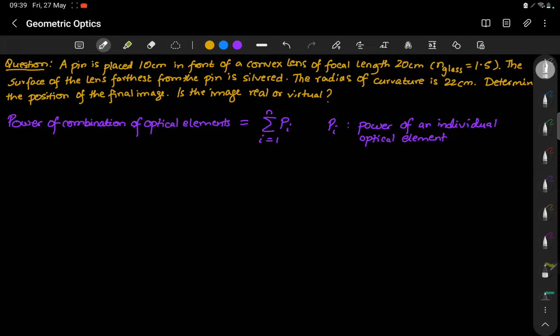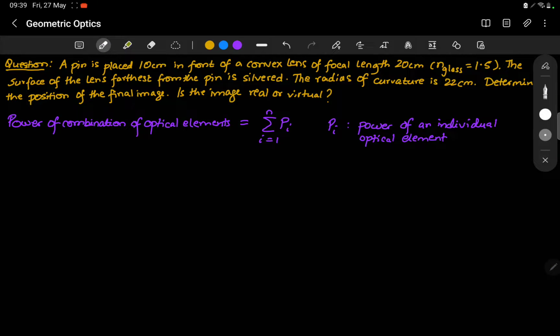So let us now draw the diagram first. So we have a convex lens which is silvered, and then a pin is placed right here. This is our object, and then we need to find out the image location. So this is the principal axis.